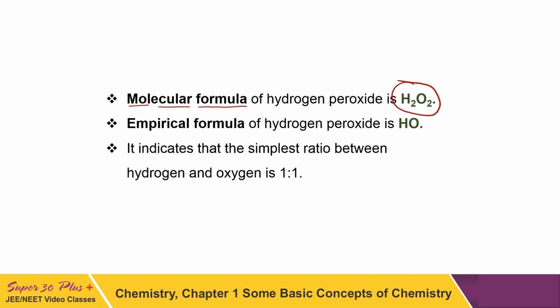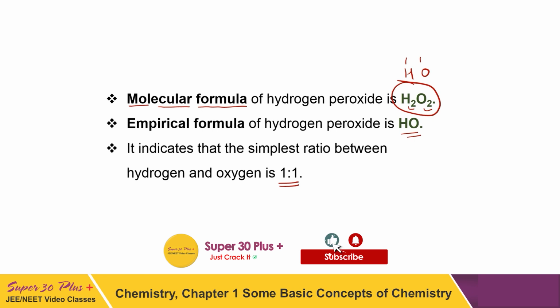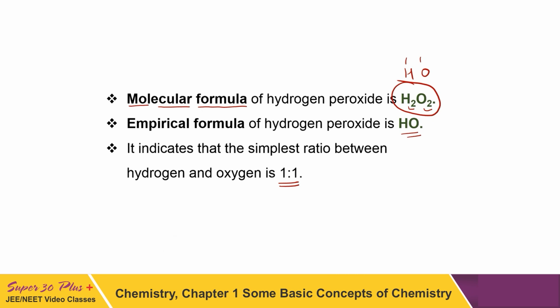Now in this molecular formula, what is the simple ratio of hydrogen and oxygen? The actual ratio is 2, 2, but the simplest ratio is 1, 1. So this 1:1 is the simplest ratio of hydrogen and oxygen, and this will be called the empirical formula. So the empirical formula of hydrogen peroxide is HO.